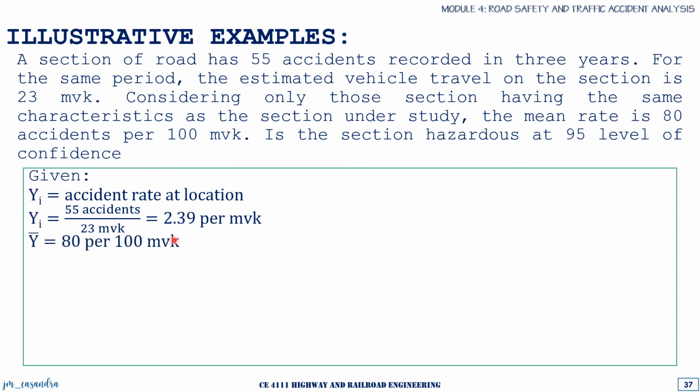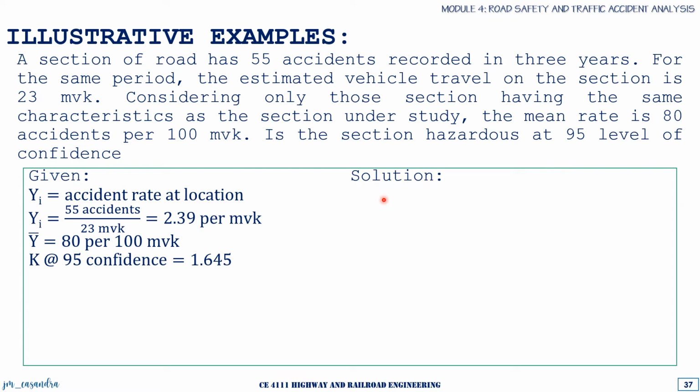So next, we have your y bar, which is 80 per 100 MVK, and a level of confidence 95%, which will give us a value of k equal to 1.645. So take note that we are assuming only or considering only those sections having the same characteristics or same roads having the same characteristic as our study area.